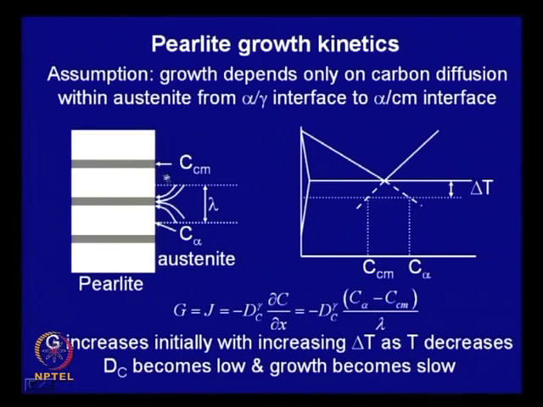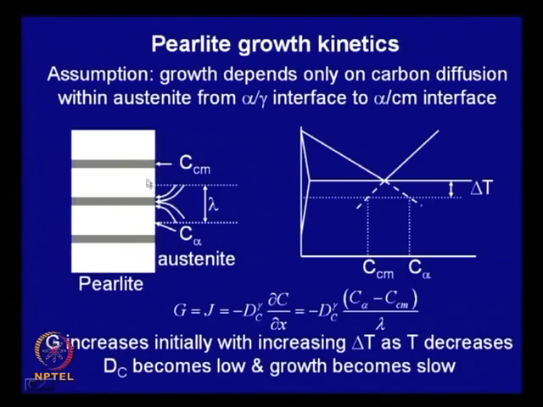So, that means if you have an austenite grain over here, this austenite will be in equilibrium with cementite, and the carbon concentration in austenite near this cementite interface will be given by this, whereas cementite carbon concentration we know is 6.63.